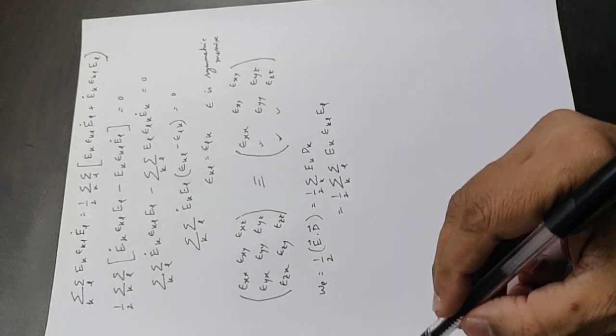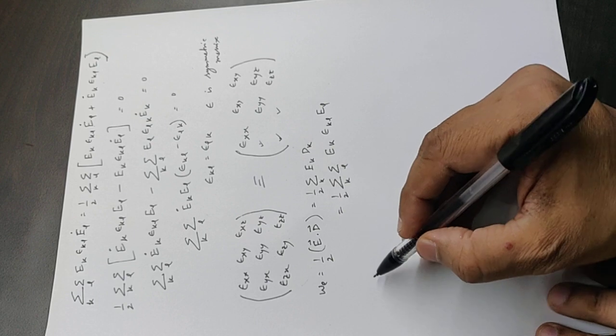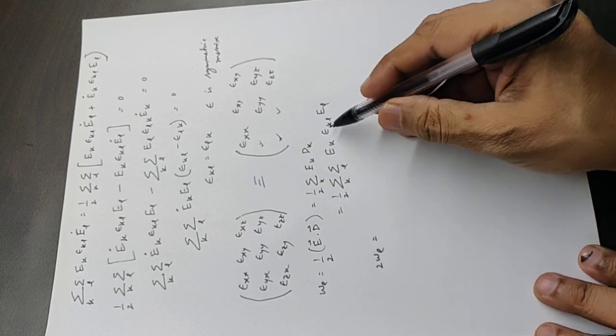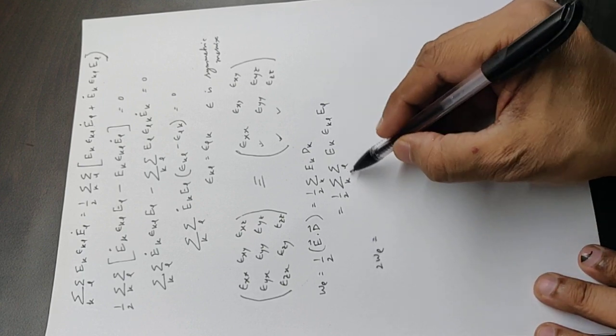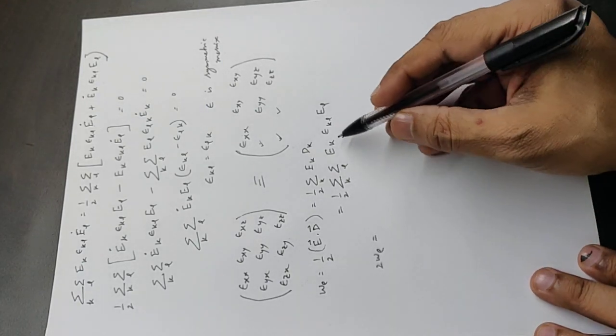Okay, so if you just write down all the terms in this equation, I'll write 2WE would be equal to, now I'm writing down all the terms, k and l both running over x, y, z, all of them.